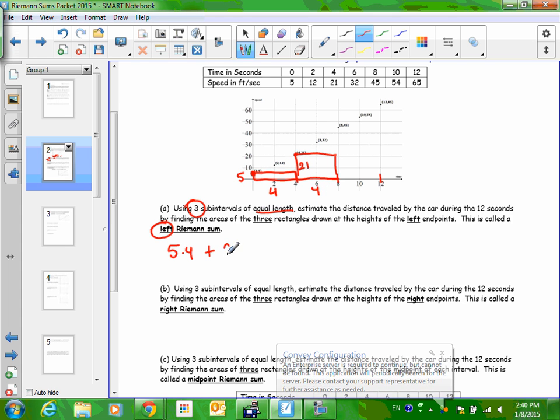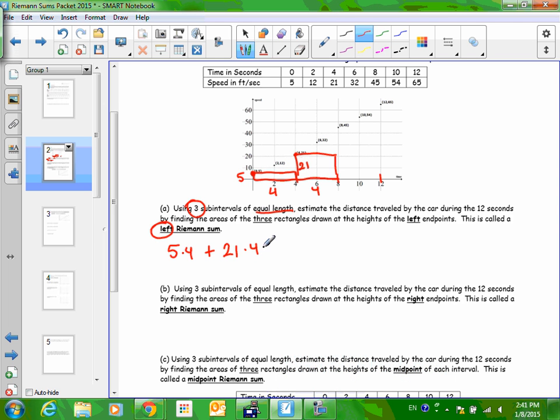So we would add 21 times 4. The third rectangle, how high is that going to be? 45, right here. So 45 times 4. And then we're going to multiply and add all of that up.